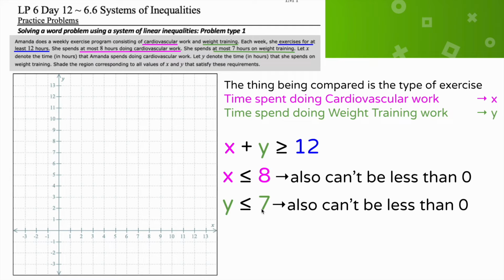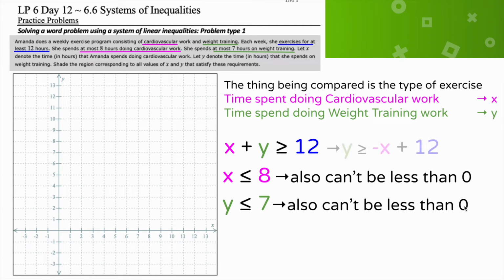It also can't be less than 0, because she's not going to work out negative hours. So we actually have 5 limitations here: the line for at least 12 hours a week, at most 8 hours for cardiovascular, at most 7 for weight training, and she can't go below 0 for either one.